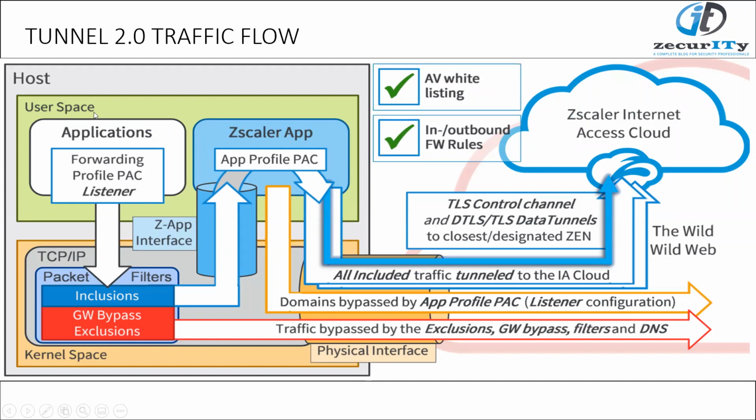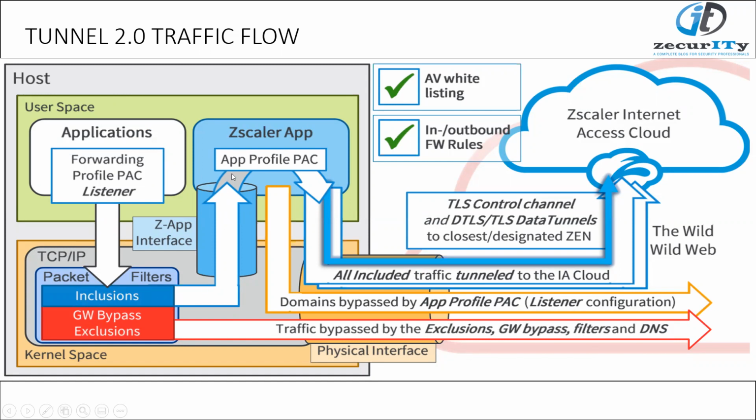This is a simple traffic flow, which represents a host sending traffic to Zscaler Client Connector and sending traffic directly from the host machine. There are two spaces, user space and kernel space. All applications, including Zscaler Client Connector, run in user space, and the inclusions, gateway bypass and exclusions run in the kernel, in the Windows packet filter. All gateway bypass and exclusions will be sent directly to the internet using physical interfaces.